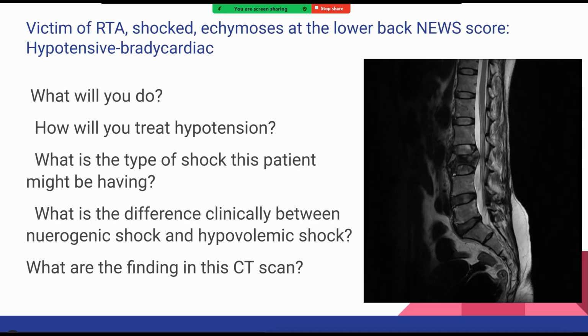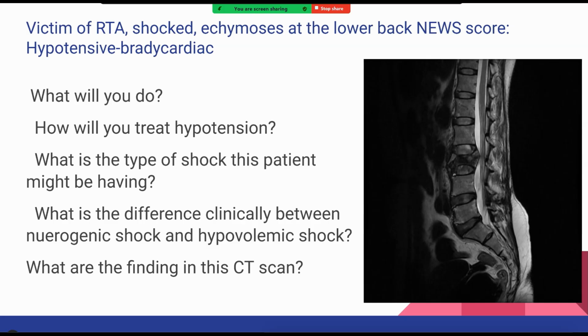In this patient, I will secure IV access and then take samples for every blood investigation. Then also commence IV fluids with Ringer's lactate, 1 to 1.5 liters in 1 hour.